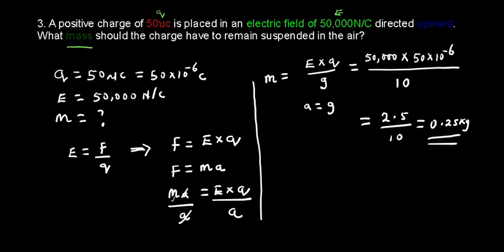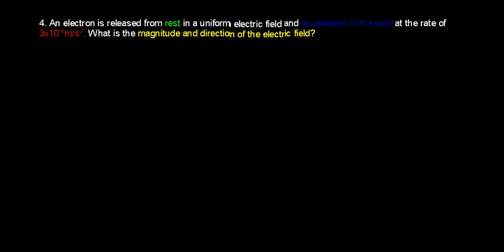Okay, let's also proceed. Let's look at another example. An electron is released from rest in a uniform electric field and accelerates to the east at the rate of 3 times 10 to the negative 6 meter per second square.